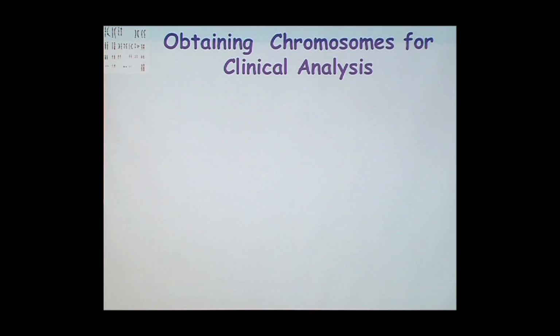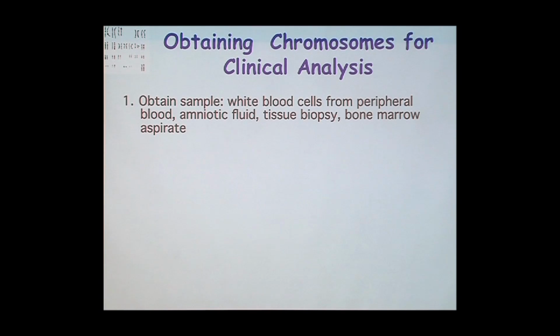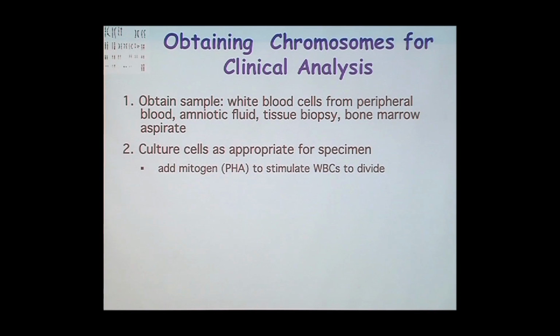So how do we obtain those chromosomes in metaphase? Well, we take cells, either blood cells from a peripheral blood sample, when you go to the doctor and you have a blood draw, or from amniotic fluid from a pregnant woman, or a tissue biopsy or a bone marrow aspirate. Any of these we can obtain chromosomes from. The cells are then cultured in the lab. So for doing sequencing, we have to use PCR to make lots of copies. But for looking at chromosomes, we can just grow the cells up in a culture in the lab.